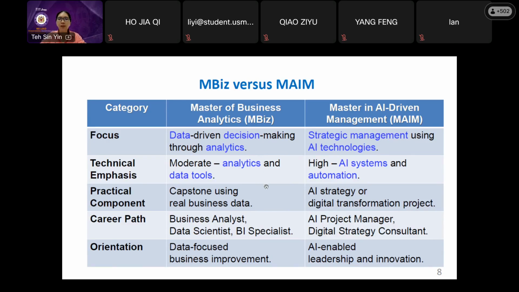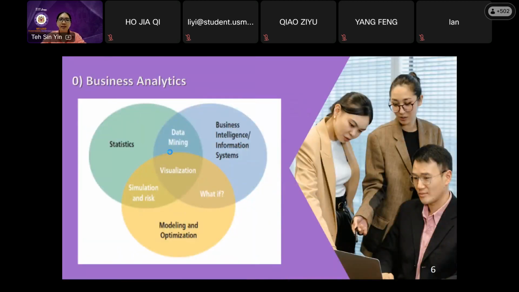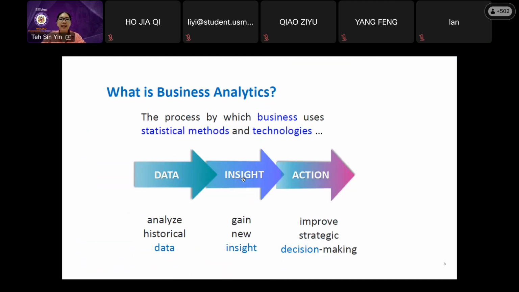Okay, so for MBIS, I will say MBIS is easier for me, and MAIM for the Master of AI-driven Management. The focus for MBIS students, you need data, and you make decisions based on the data that you have. That's why just now you saw data, insight, action, data, insight, decision.